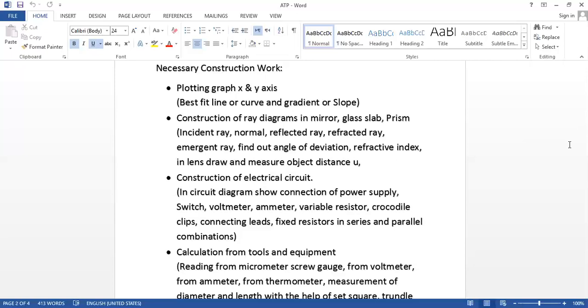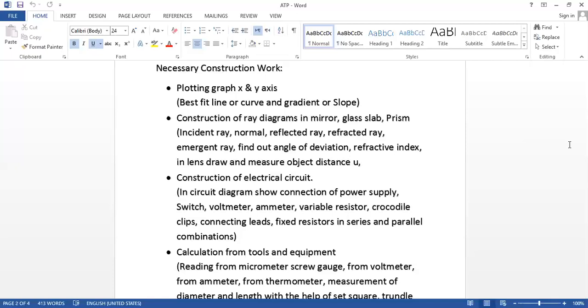So the change on the y-axis divided by the change on the x-axis is called gradient or slope. Gradient or slope means y2 minus y1 divided by x2 minus x1.